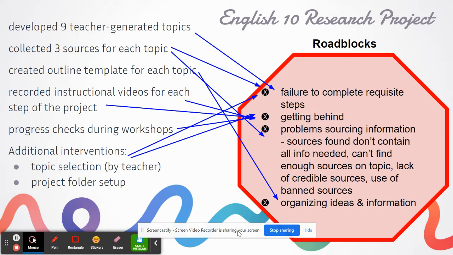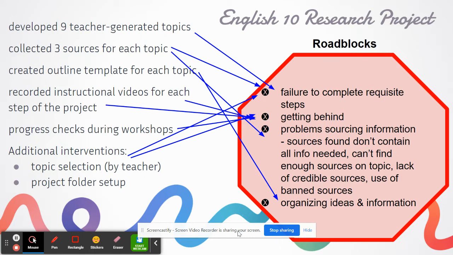Getting sources doesn't become a problem. Also, by providing the sources to my students, they don't end up having problems sourcing information because I have checked those sources to make sure that the paper can be written using those sources. So it has all the information that they could need and more.